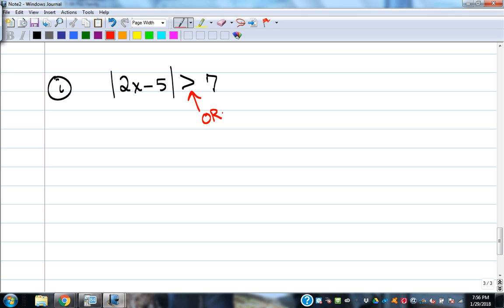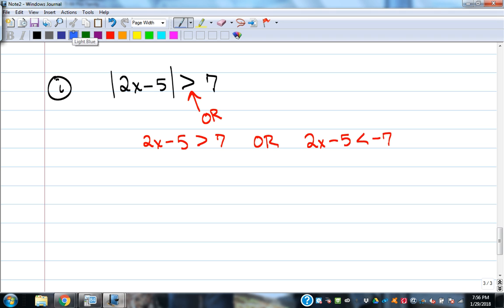So that means we're going to set up two inequalities separately as an or problem. So we're going to set up 2x minus 5 is greater than 7, or 2x minus 5 is less than negative 7. You flip it and change the sign for the second one. Okay, flip it and change that sign right here. Flip that symbol, change that sign.